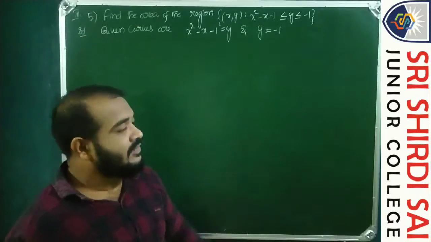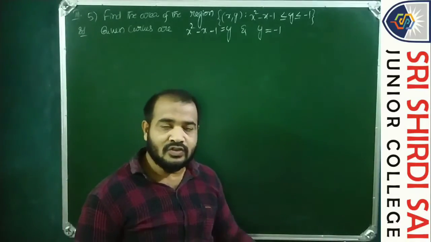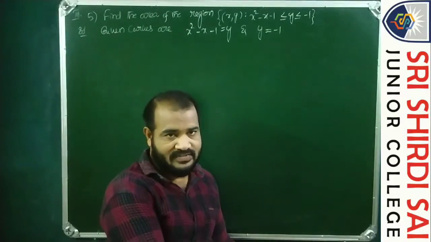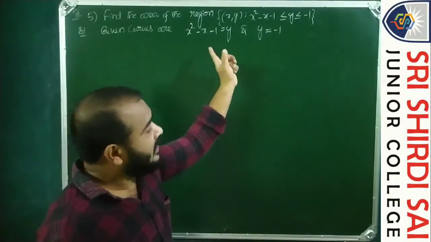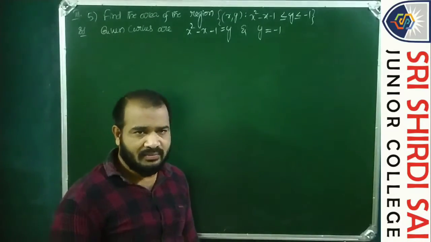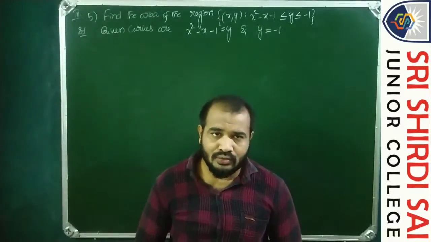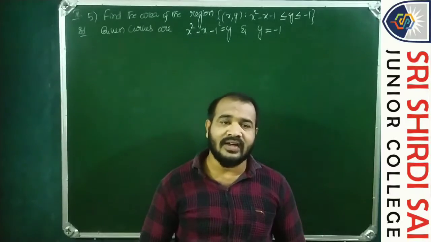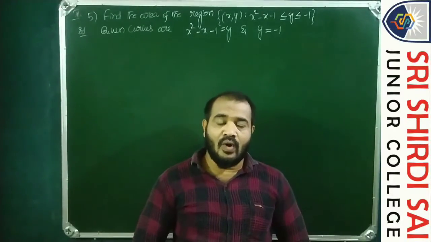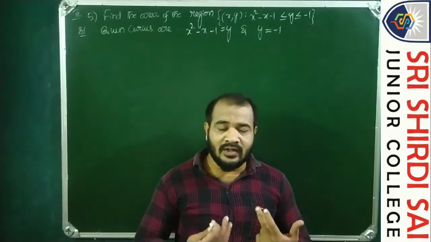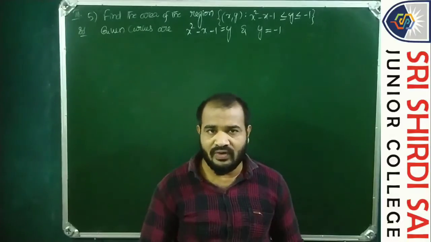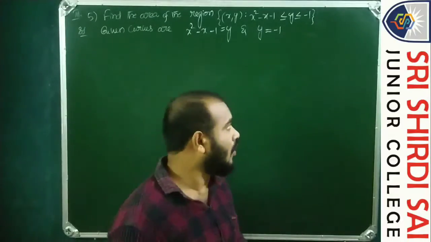And x square minus x minus 1 equals y is a parabola whose vertex we don't know, which we need to find out first. And where it cuts the x-axis or y-axis we also need to find out. Simply, if you want to know where the parabola cuts the x-axis, simply substitute y equals 0. And if you want to know where it cuts the y-axis, simply substitute x equals 0. In this way we need to do.